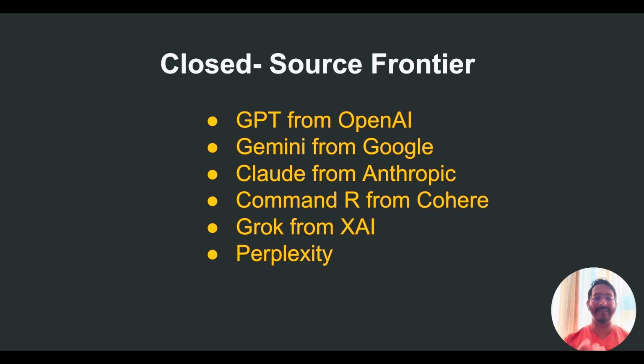We know about ChatGPT, or actually the GPT models, and the Claude models, or Grok. Now, sometimes people also use frontier models to refer to open source ones, when they mean the biggest or strongest open source model. Let's say, for example, LLaMA, which is an open source model, which we will see in a bit.